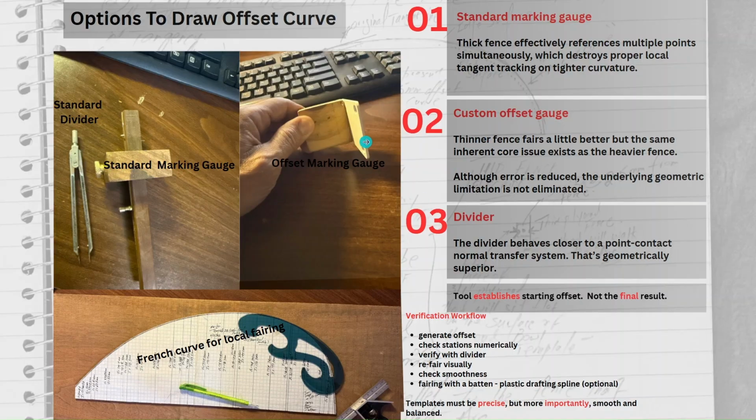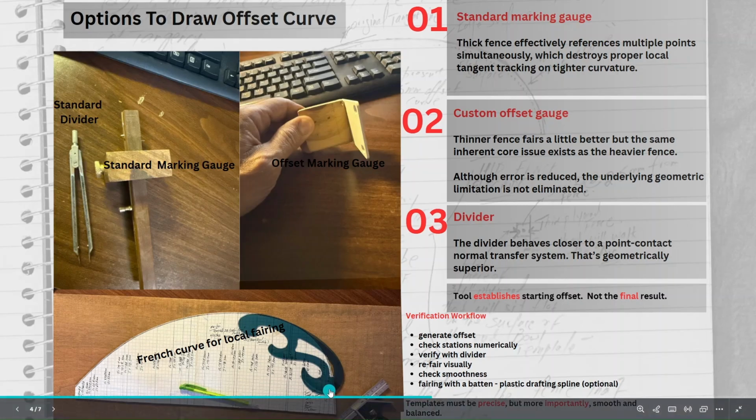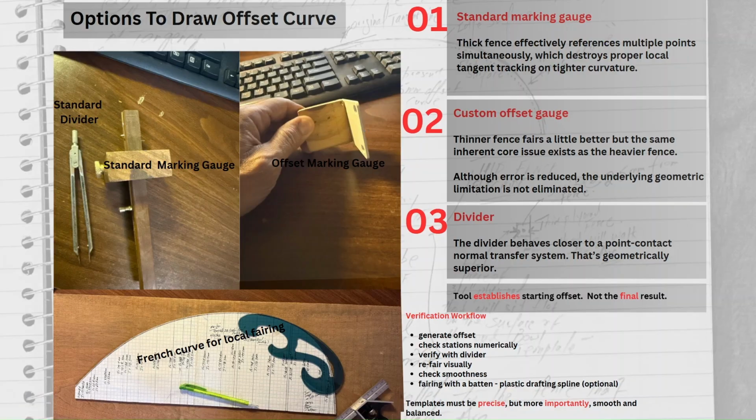The custom offset gauge does a little better because of the thin fence, but as you go on that tight curvature right on the tail, although the error is reduced, the underlying geometric limitation is not eliminated.